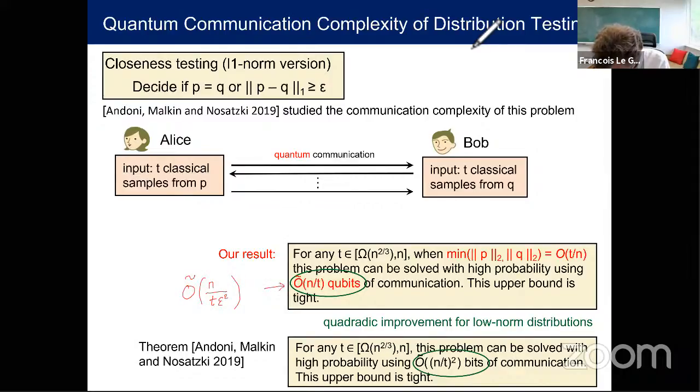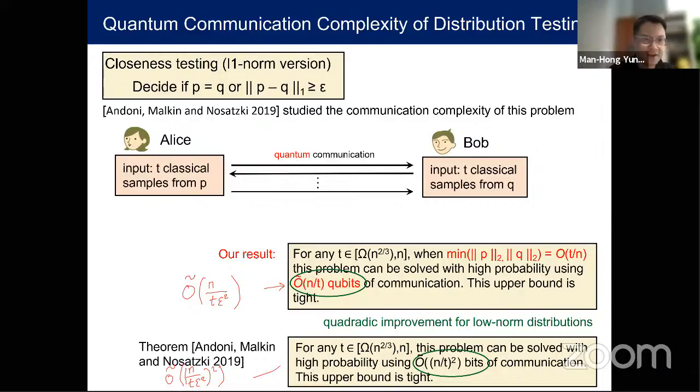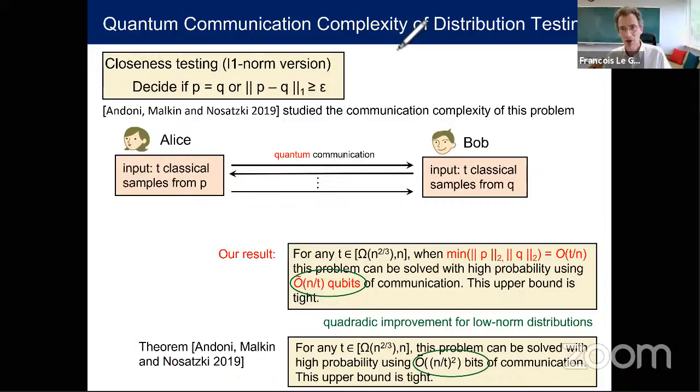And here you will have a big O of n over, well, actually, this one square. You still have exactly quadratic improvement here, even if you take the epsilon into consideration. Okay, I see. Thank you. Okay, maybe we should move on, so until the end we can discuss again.